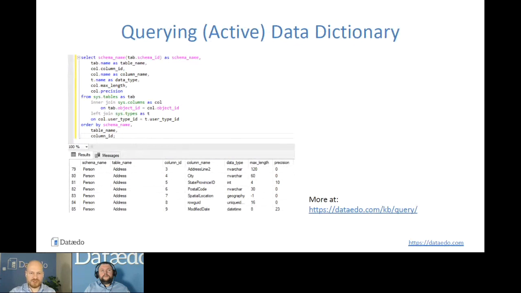That's a very useful feature. If you go to this link on our website, you can see a database of a couple hundred predefined queries we have built and shared. You can query your database for different engines, SQL Server, MySQL, Oracle, and so on. So you can actually analyze the metadata and the data in your database.